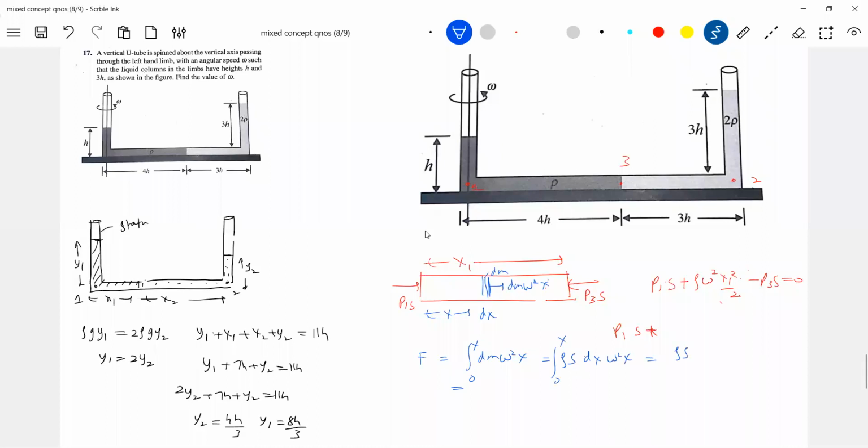So rho S omega square x dx, 0 to x. Shall I write x by 2 whole square or x square by 2? X square by 2 only. Okay, this discussion, I'll keep it.